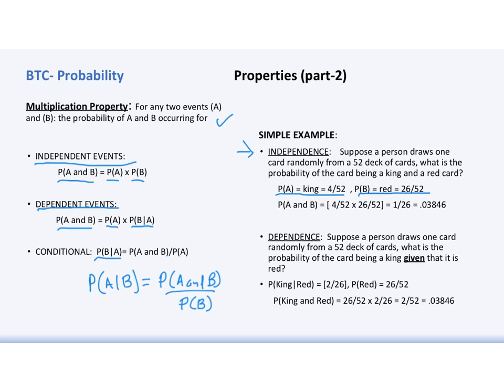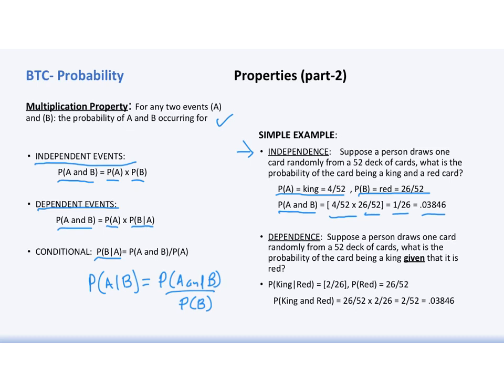Thus, under independence, the probability of A and B is 4 divided by 52 times 26 divided by 52, which gives us 1 over 26, or approximately 3.846%.